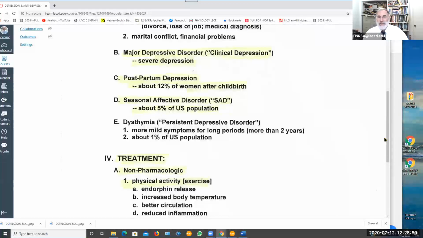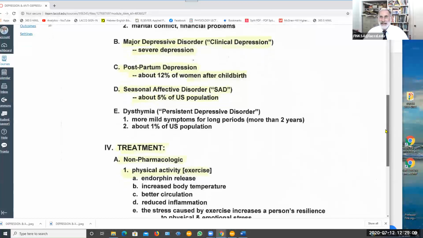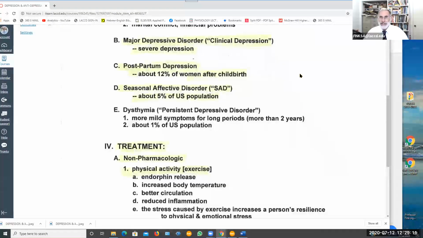Incidentally, the treatment for that, at least in part, is to get more sunlight, even artificial light with a spectrum that is more like the sun, or going to a tanning booth and just getting more UV rays of light.